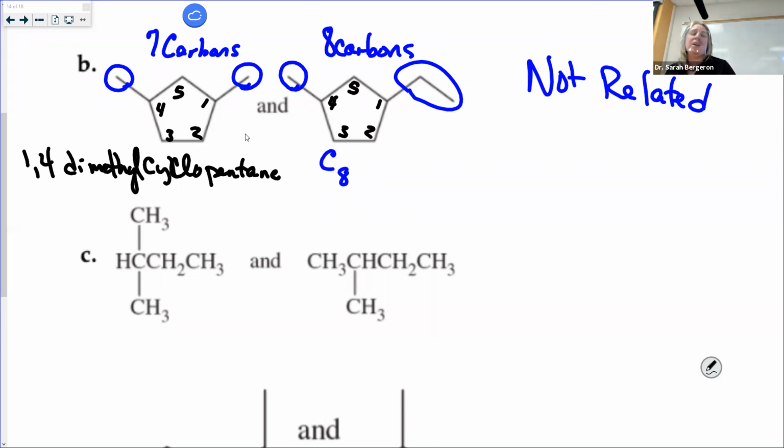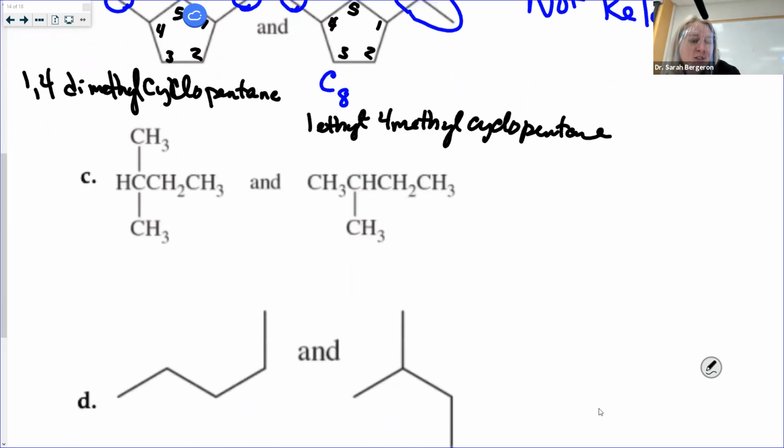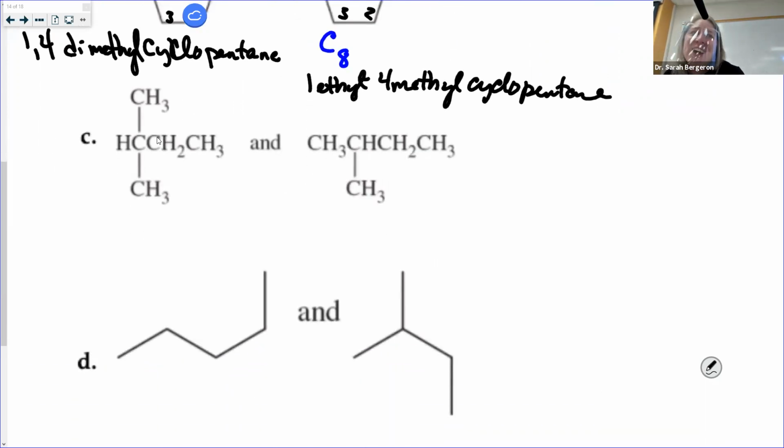How would we name the other one? 1-ethyl-4-methylcyclopentane. Did you see how I numbered that correctly for y'all? They're not going to have the same name. If it's not related, it's absolutely not going to have the same name. But I thought that was just a good opportunity to name it, right? Just fun.